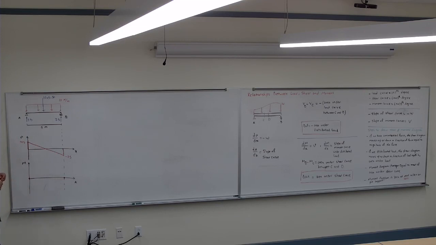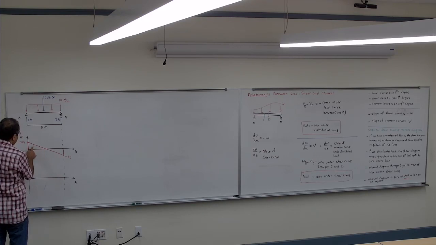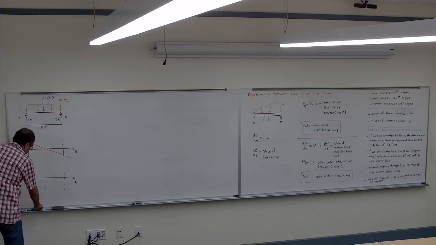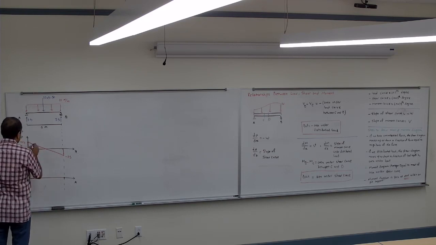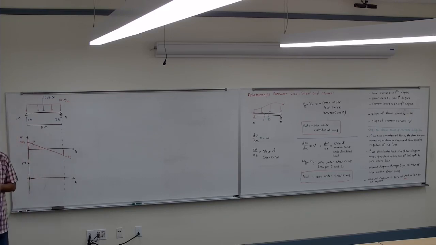So I know that I start from 0 and end up at 0. And then the area under the curve, how much is the area under the shear? So from here to here, how much is the area? What's the area here? I don't have those numbers.